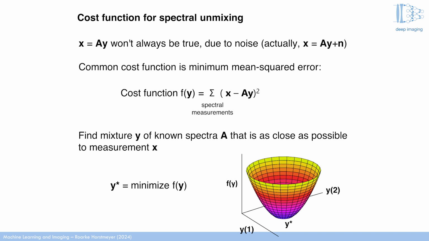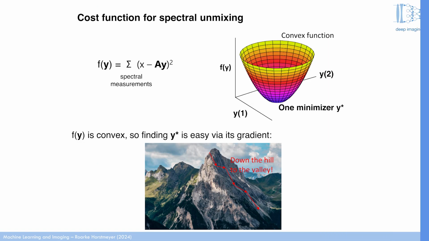You guess a y, y1, y2, and so on, and that has a particular value, f of y, on the paraboloid. Its gradient is just the slope of the paraboloid at that point. It's like the picture I showed before, where you're going down a valley and trying to get to the bottom, because the bottom is where the cost function value is minimized.